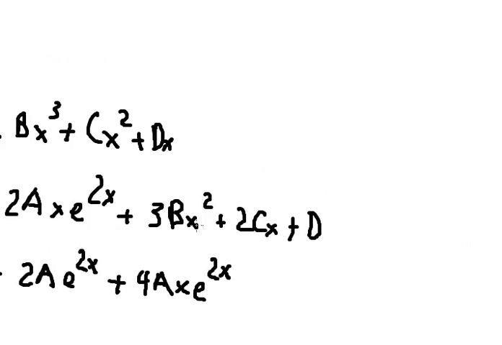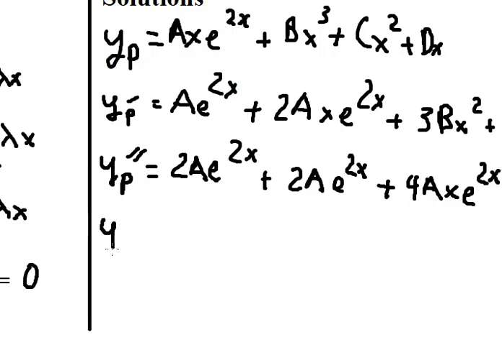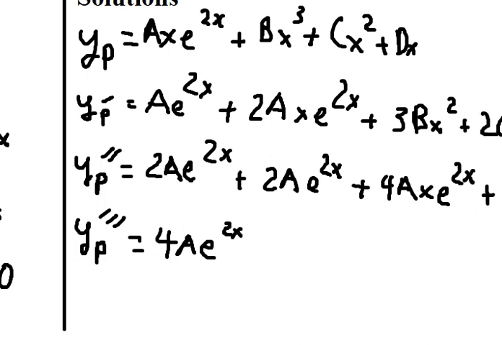This one, number 2s, number 2 with number 3, that is number 6. This one is 2c. And the last one, this one is 4a e to the power of 2s.